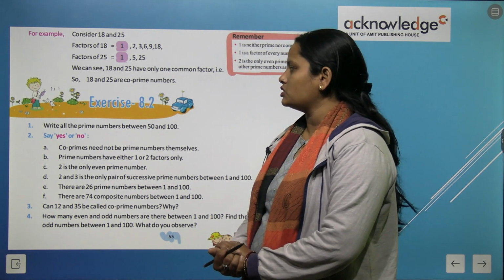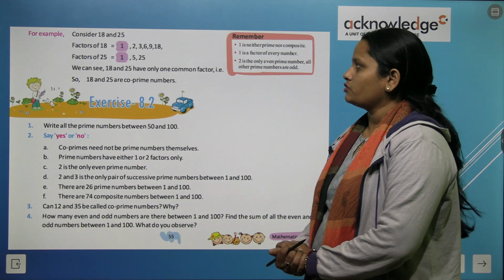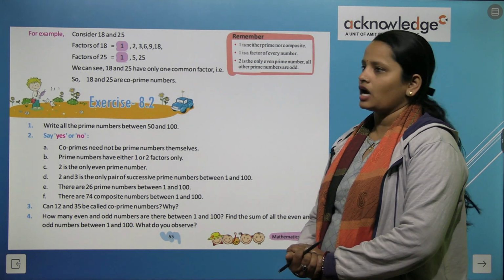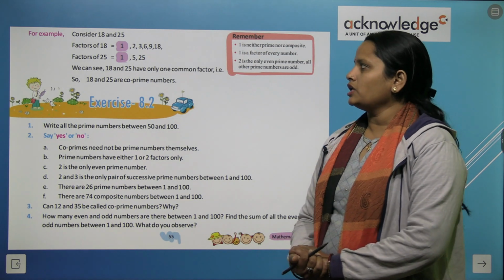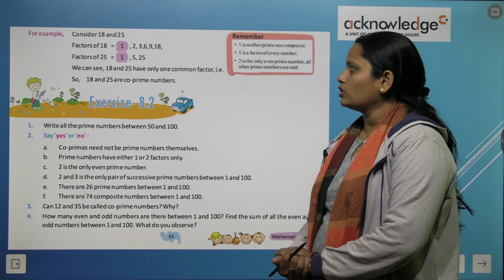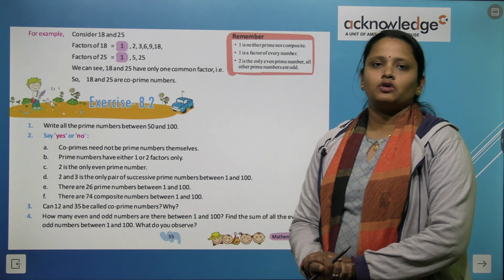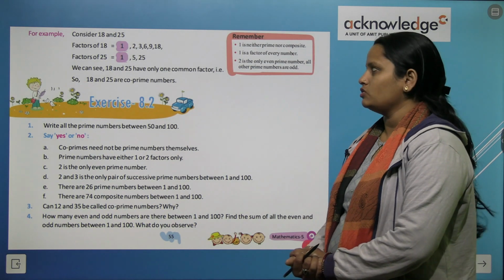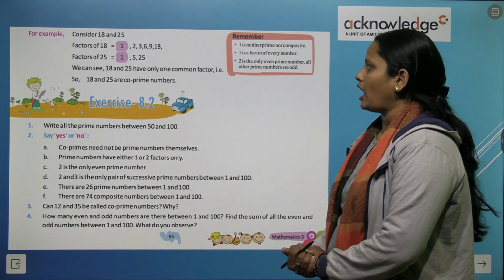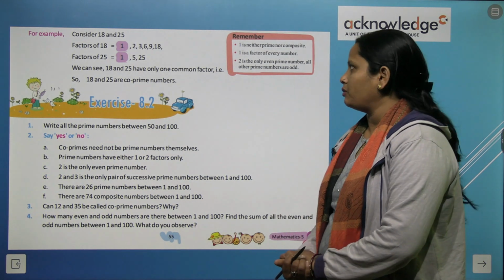The factors of 18 are 1, 2, 3, 6, 9 and 18. Similarly, 25 के factors हैं 1, 5, 25. अब आप देखोगे कोई भी common factor नहीं है 1 के अलावा. We can see 18 and 25 have only one common factor. That's why these are co-prime numbers.